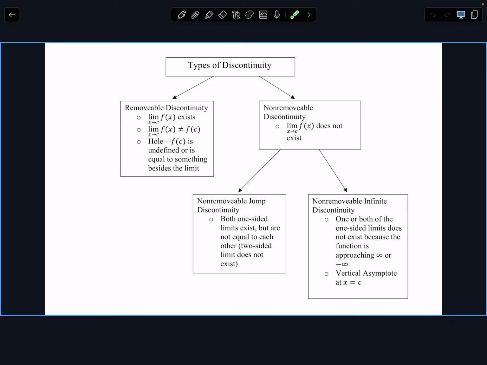If the limit does not exist as x approaches c, then that tells you that it's a non-removable discontinuity, which would either be from there being a jump or from there being asymptotic behavior, right? So a vertical asymptote, the function either approaching positive or negative infinity as x approaches c.